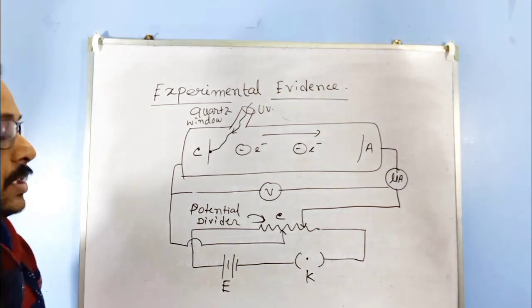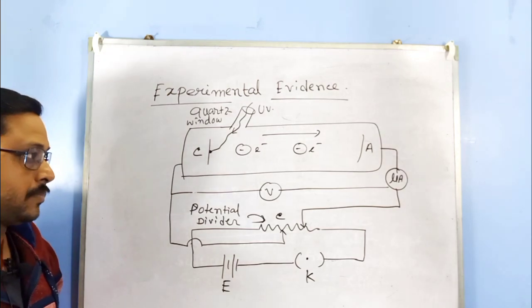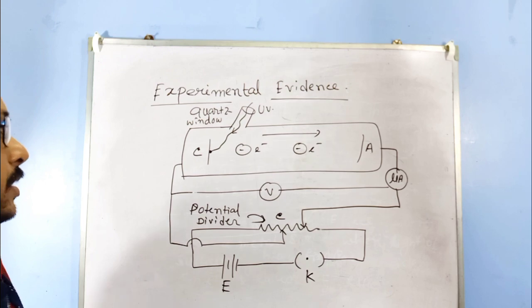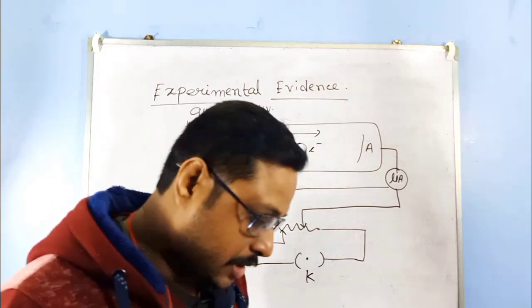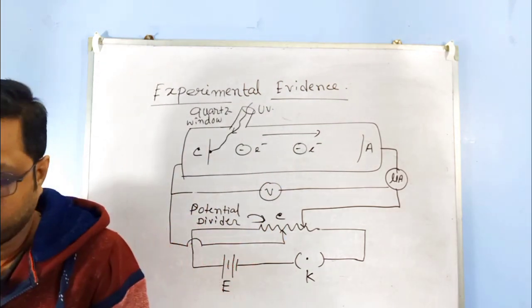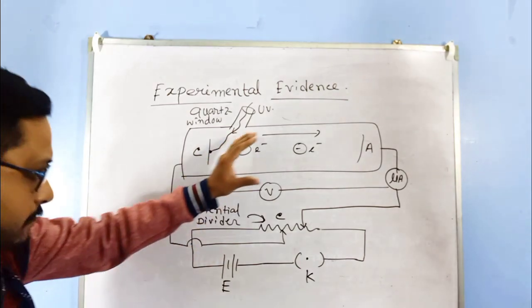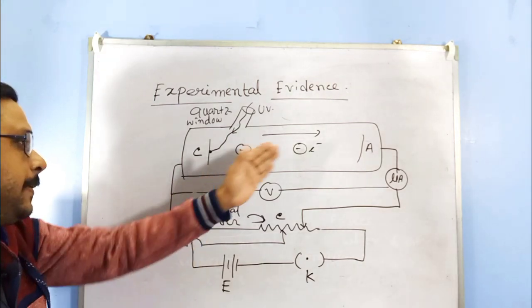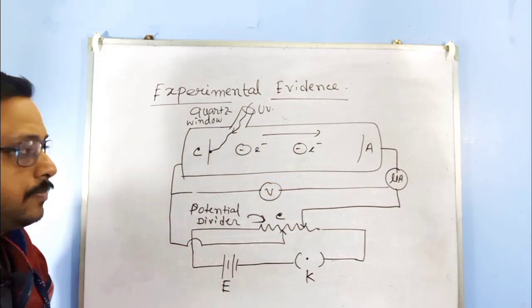Please draw this in your copy. In your examination, if you are asked to write the definition or the properties of the photoelectric effect, then if you have time, you must draw this picture in your copy.